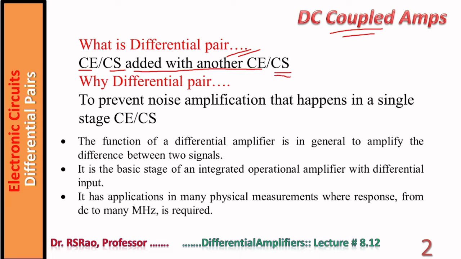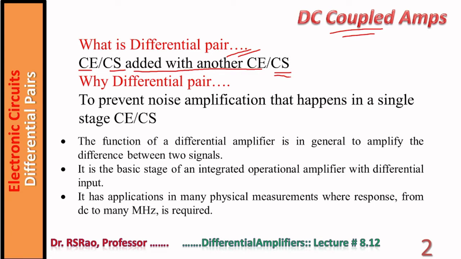In BJT version, therefore, two CE stages, as already mentioned, identical in all aspects as much as possible exist, and in FET version, two CS stages. But here it is required to mention that there is a big difference between differential pair and other pairs just mentioned, Darlington pair and Cascode pair.